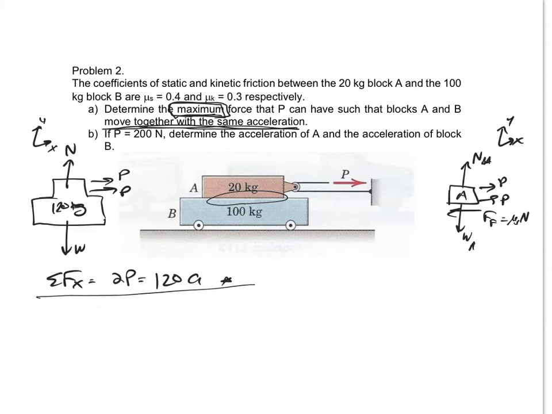So here's just some new equations. I'm going to go ahead and do the y direction so that I can get that in. So sum of the forces in the y direction would be, I've got the weight looking down, so negative 20 times 9.81 plus n is equal to mass times acceleration, and the acceleration in y is 0.